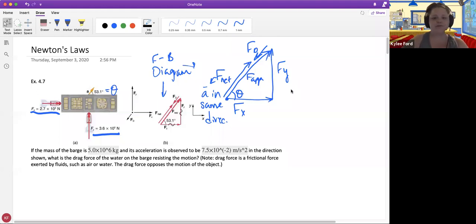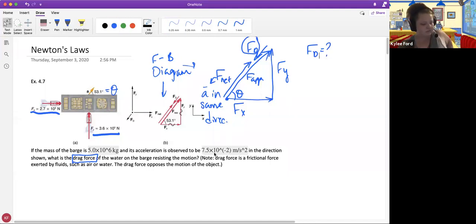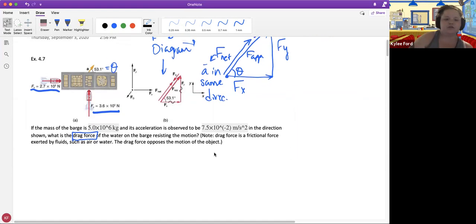Okay, so now that we have a free body diagram, now we can start breaking this down and figuring out or answering our question. So our question again, let's remind ourselves, what is the drag force of the water? So that means we're looking for this force here, our drag force. What is that equal to? Okay, so let's write down what we do know.